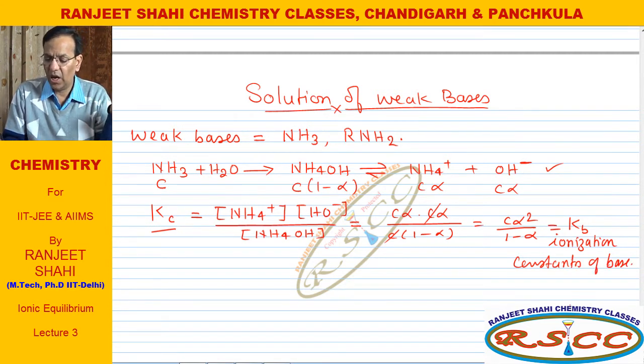Just like Ka, the property of Kb will also be the same, that is, for a given base Kb will be constant and its value will depend only on temperature. The value of Kb will not depend on the concentration of base or the concentration of any other species present in the solution.